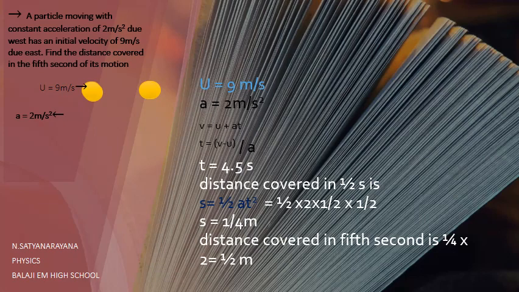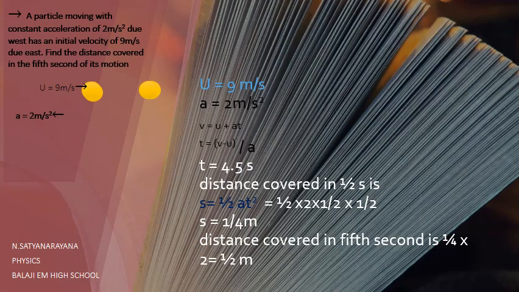If you calculate, you can take the same as it is, because it is coming back with the same acceleration, isn't it? So distance covered s is equal to ut plus half at square, for half a second. Initially u is 0 while coming back, and half at square means half into a, acceleration is 2, and time is half.